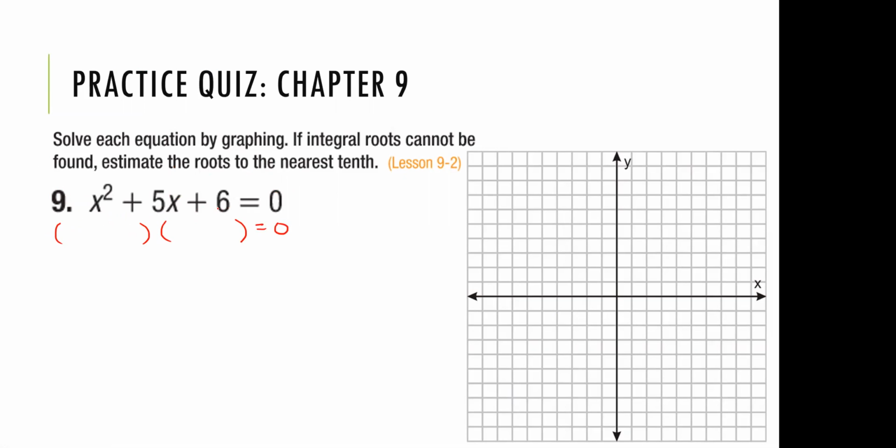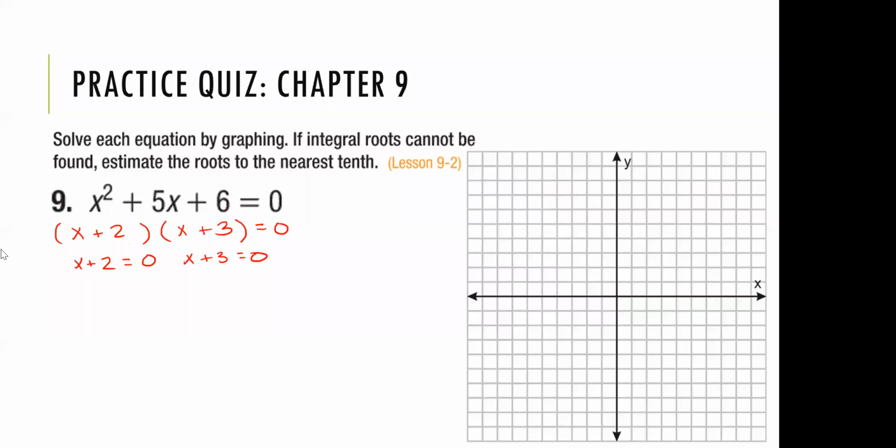So the factors of 6 that add up to 5 would be 2 and 3, right? 2 times 3 would be 6, and 2 plus 3 is equal to 5. So then I would set x plus 2 equal to 0 and x plus 3 equal to 0.